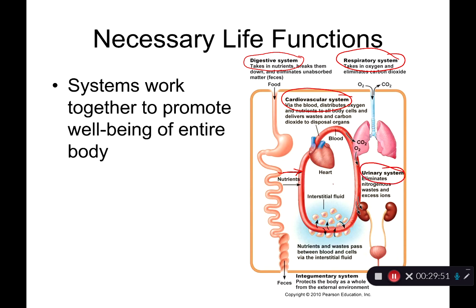The reason I'm showing you this is because a lot of times what you'll find is that if one organ system fails, other organ systems will also start failing. And the reason is right here. They are all intimately connected together. So if one goes down, a lot of times it's just not long before the next organ system starts to fail as well. They work together.